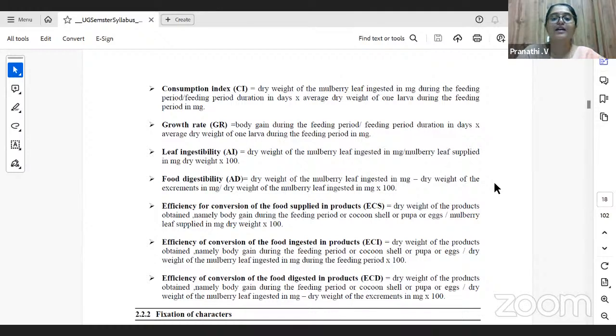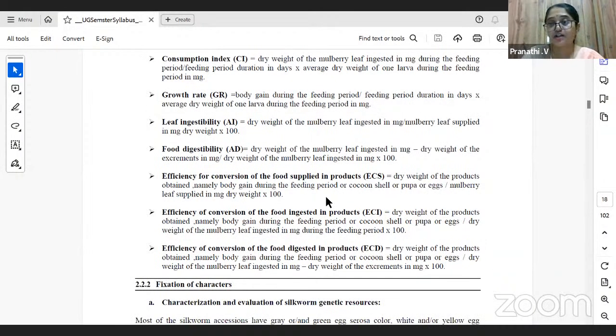Food digestibility is equal to the dry weight of the mulberry leaf ingested in milligrams minus the dry weight of the excrements, which you are going to weigh in milligrams, divided by the total dry weight of the mulberry leaf ingested in milligrams, into 100.